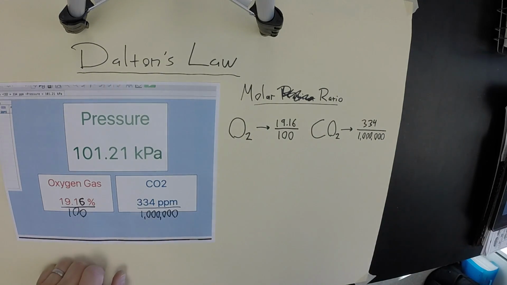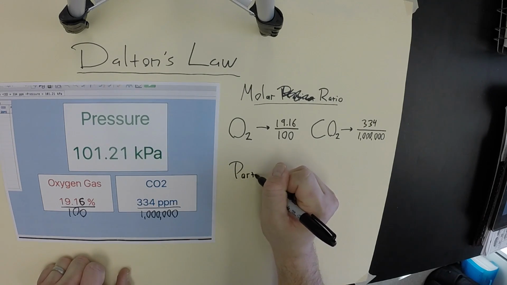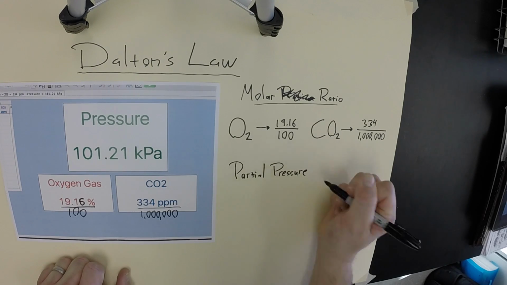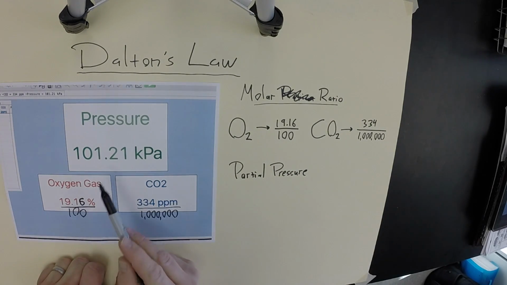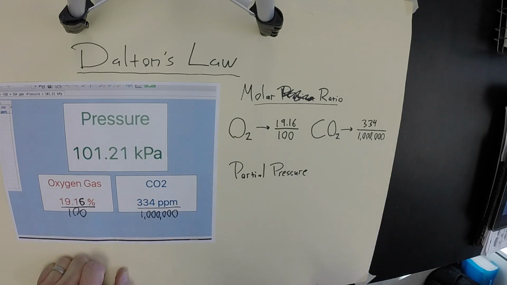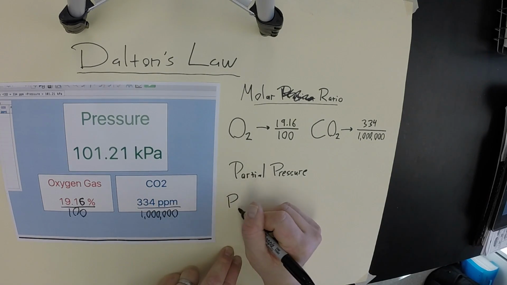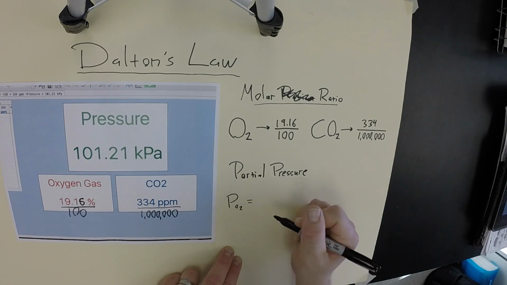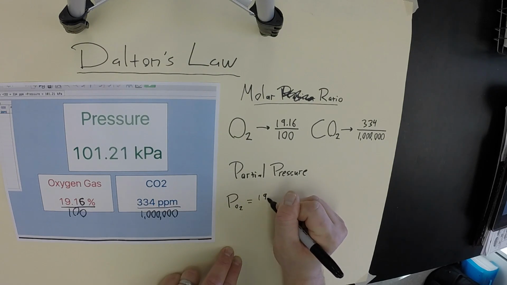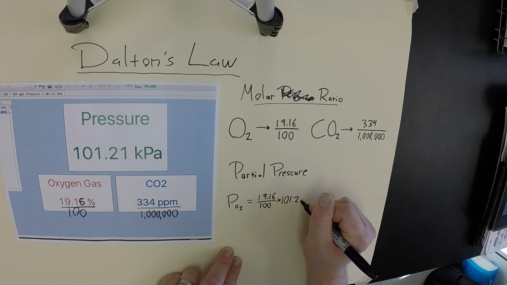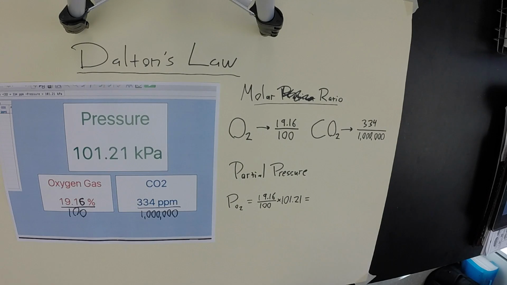Now, to get the partial pressure of each gas, we simply multiply the total pressure by the molar ratio, by the fraction for each gas. So the pressure of oxygen right now in the room, PO2, would be equal to 19.16 over 100, that fraction, times 101.21 kPa.